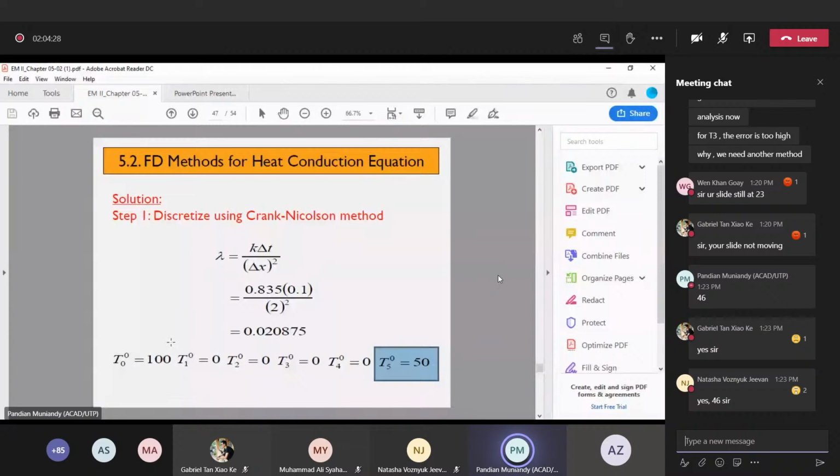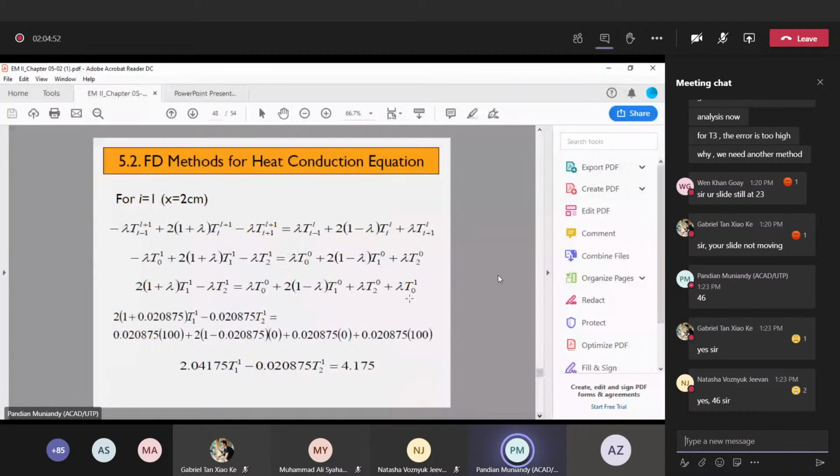The rest is 0. That is the meaning of initial condition. The capital T at time 0 is 0. So at any other time, the subscript 0 is 100 and the subscript 5 is 50. So using these values, you create the system.